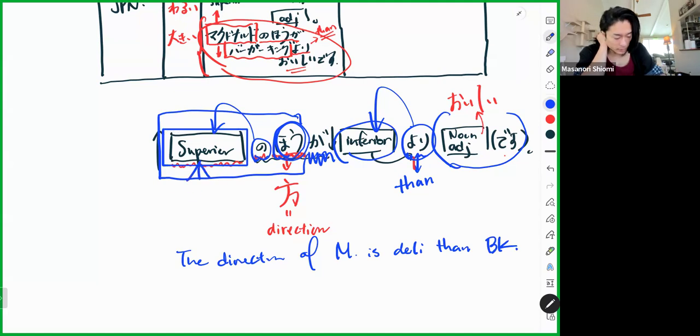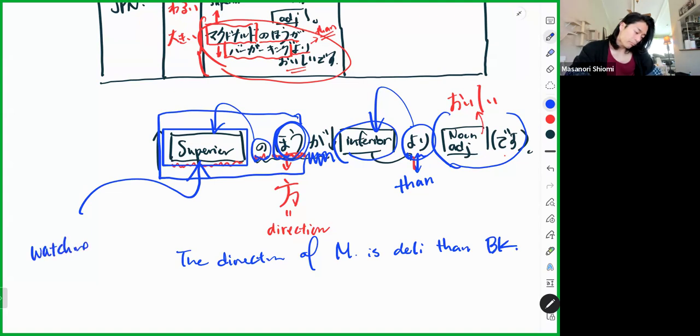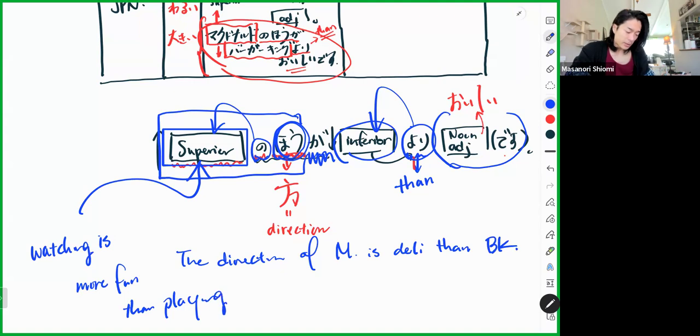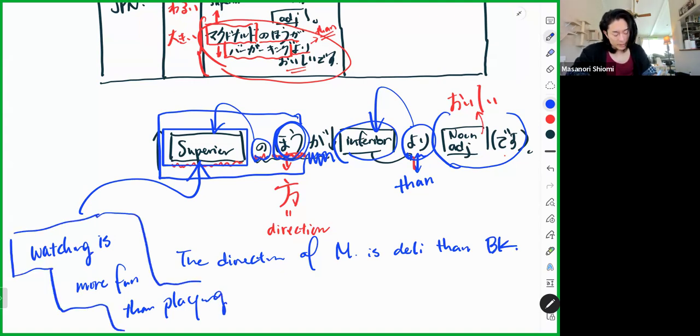For example, if you want to say something like, watching is more fun than playing. For example, like you're talking about baseball. Do you like watching baseball or do you like playing baseball, right? And then you can say, I prefer watching to playing. So this kind of stuff, right?